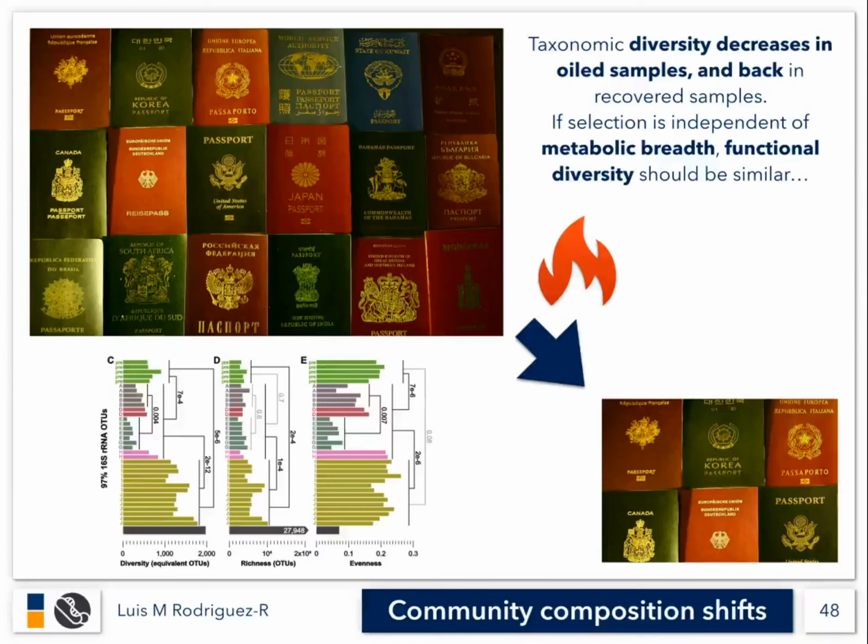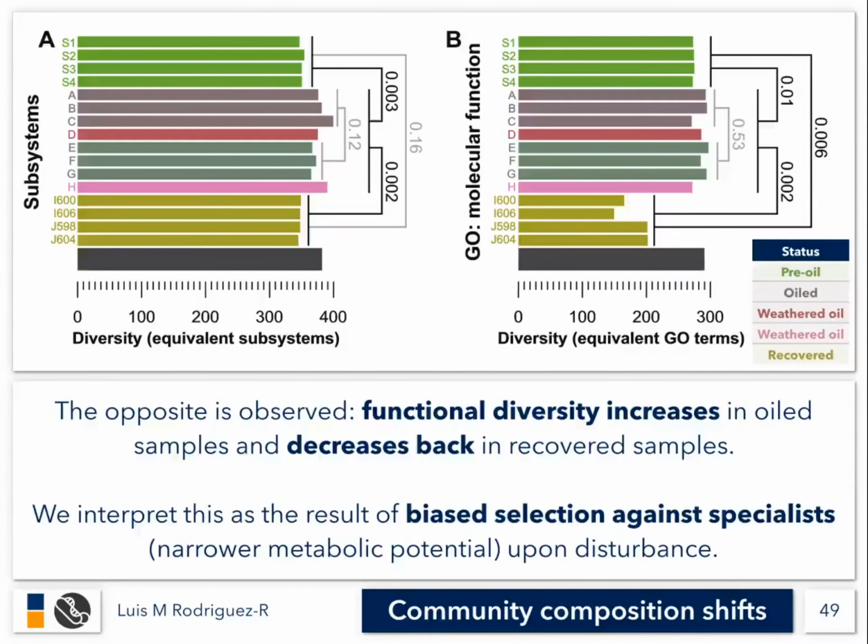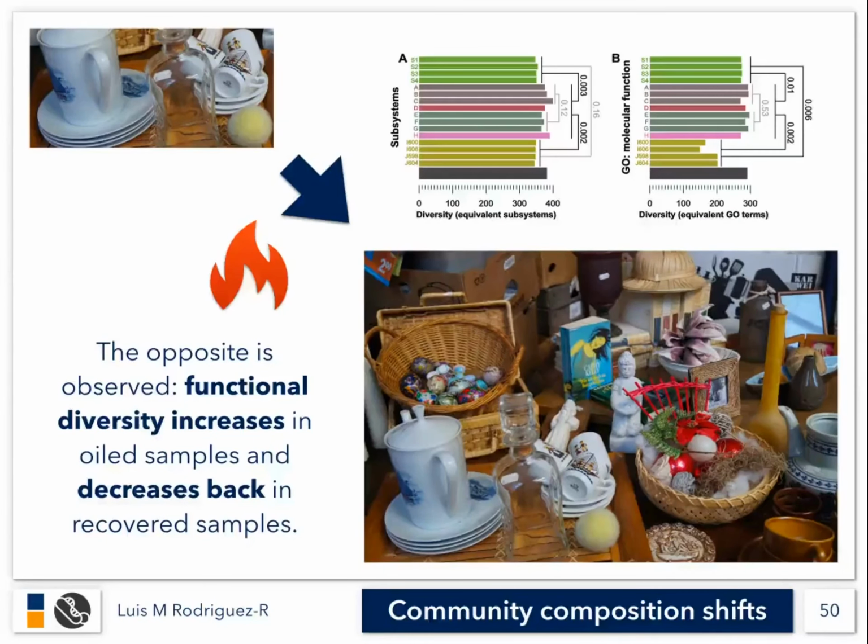If that is the case, and it doesn't matter how many objects these travelers had, or how many different functions these organisms performed, we should expect the exact same in functional diversity. But we actually observed the exact opposite. There was an increase in functional diversity in the oiled samples, during the effects of the oil sands, and then a decrease a year later.